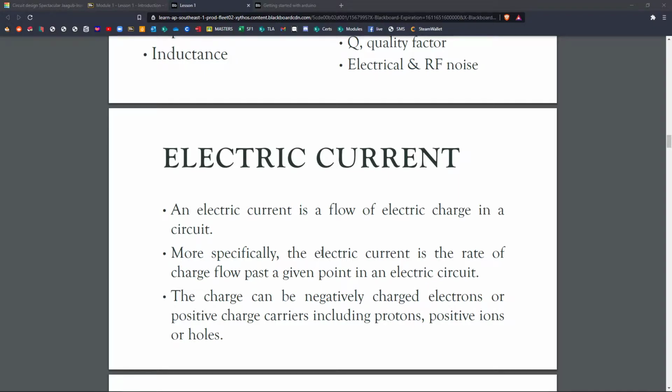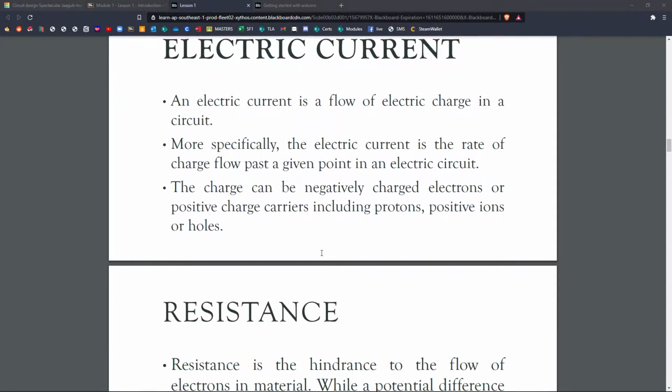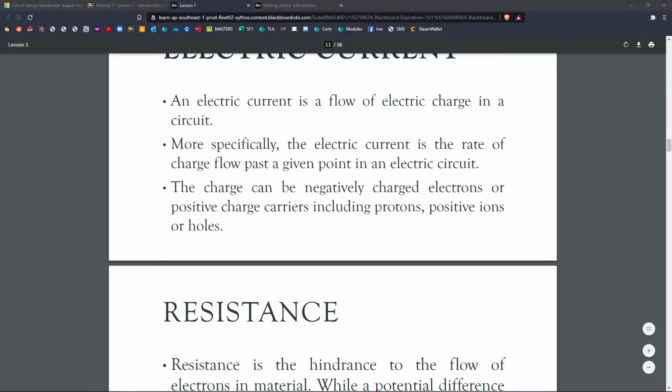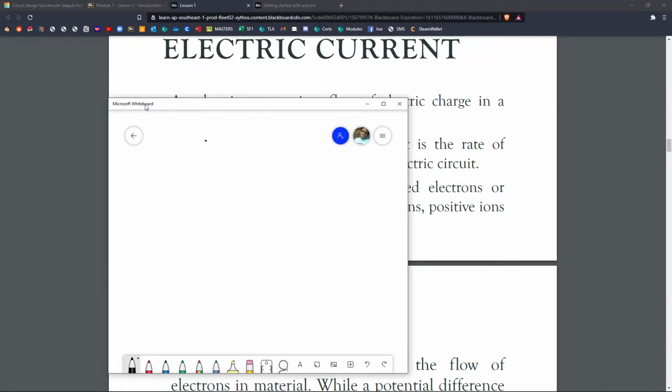Charge can be negatively charged or positively charged. But mostly, when we refer to electricity, it is usually negative.